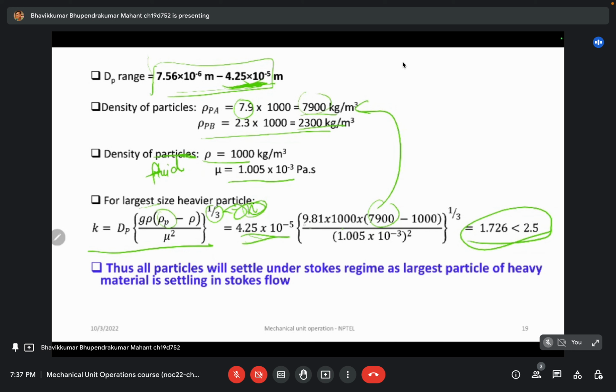Fluid density is 1000, 9.81 is the gravitational acceleration, and you substitute the value of mu. At the end you will get the K value. Most of the times you will get a value less than 2.5, and then you have to consider the Stokes regime.